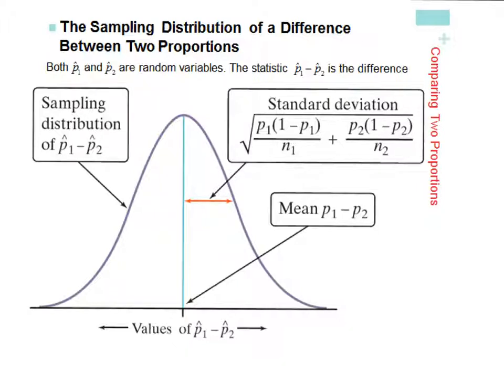Really, if you just get rid of the square roots on the single proportion formula and then add the variances, which we've seen in Chapter 6, that if you are taking the difference of 2 variables, and that's exactly what we're doing, you just add the variances together, and that's what you'll get. Okay? Looks like a bit of a nasty formula, but as far as getting that number, we're pretty reliant on the calculator to do it.